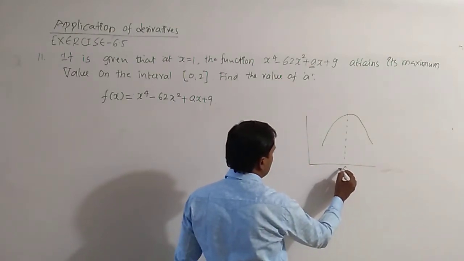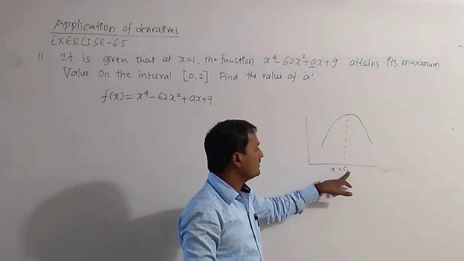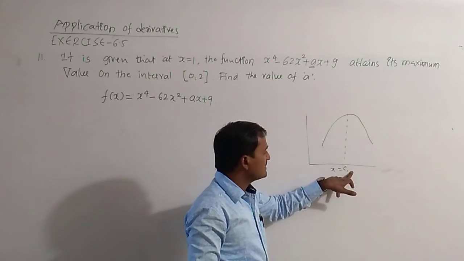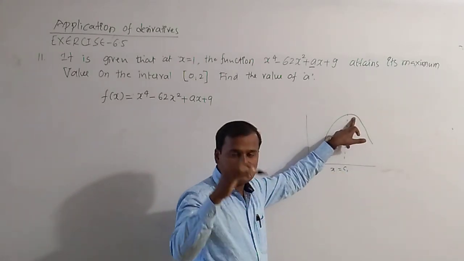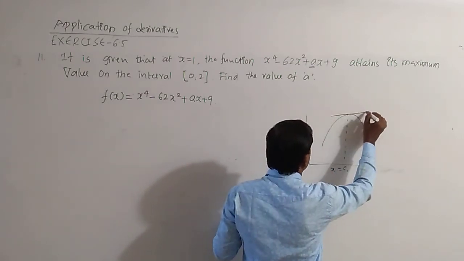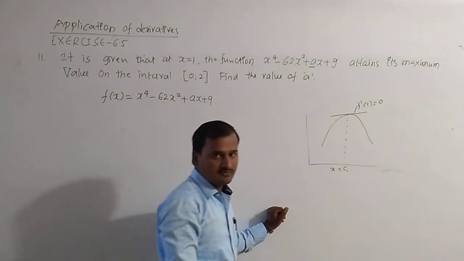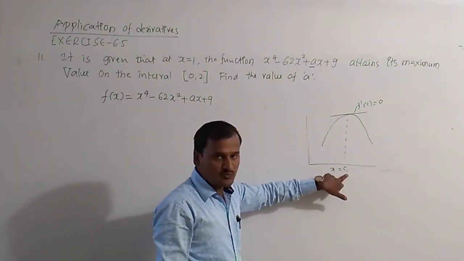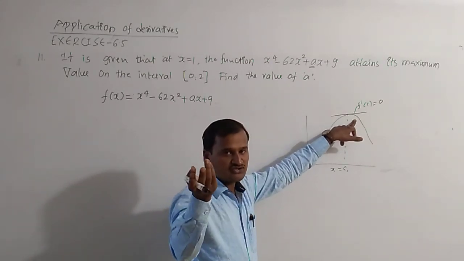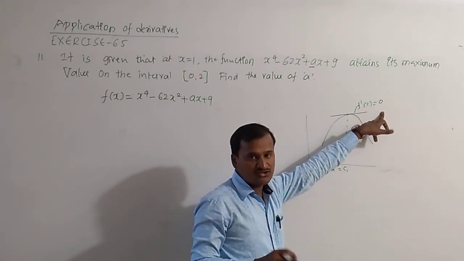So x equal to C1 is a point of local maxima or local minima. So at this point, this function attains its maximum value, means if you take f dash of this point, that gives 0. It means that at this point the function attains its maximum value, so clearly it is a critical point and its derivative becomes 0.